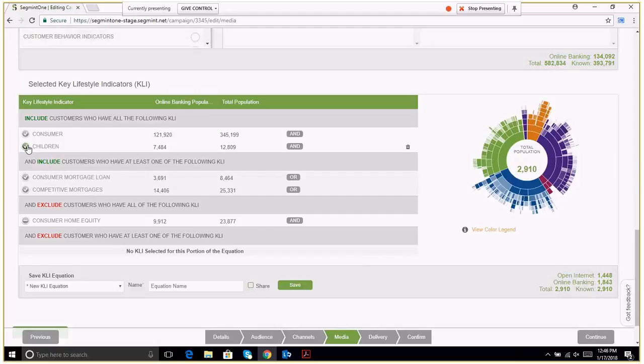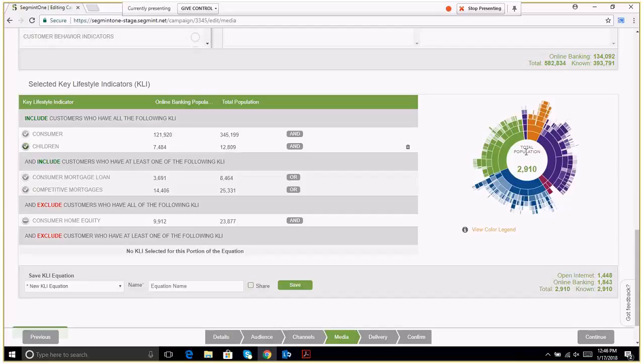And look at what it's done to our targeting. Now from 29,000, well actually from 582,000 down to 29,000 who are candidates for a HELOC, to 2,900 are currently candidates based upon their presence of children and likelihood to need a HELOC for improvement or in adding space to their home. So you have now gotten much more specific for this particular message.